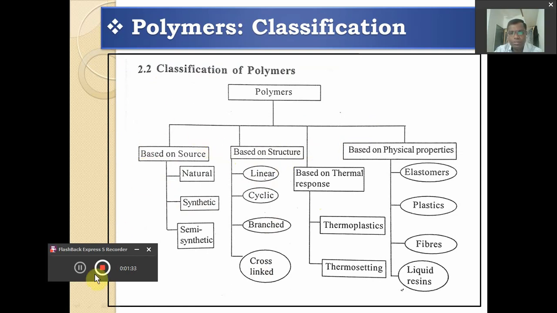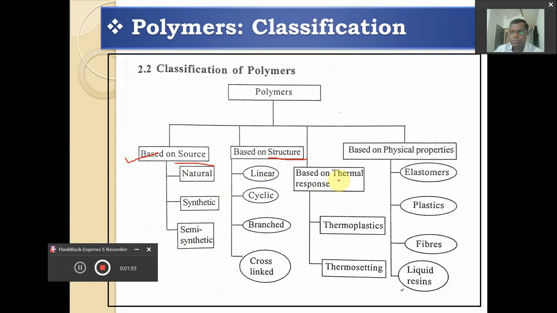The first classification is based upon the source of the polymer. What is the source of polymer? That will decide its classification. Again, the classification can be done based upon the structure of polymer, how the structure looks, and that will also decide the classification.